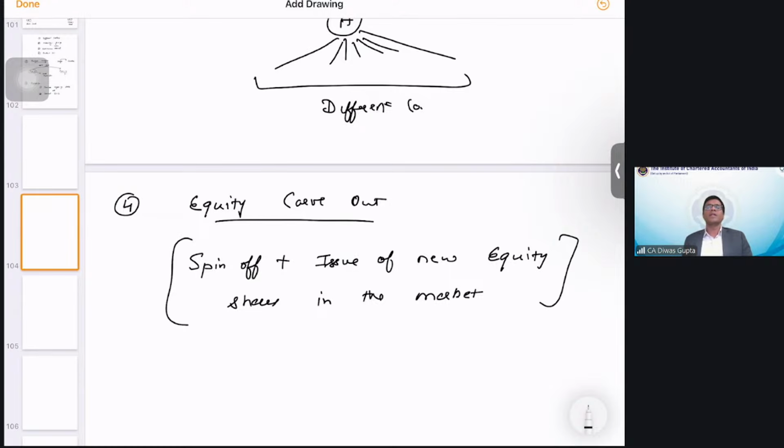These two things happens together. It is called as equity carve out. That means you are spinning off your business. At the same time, you are issuing new equity shares in the market. That is called as the equity carve out.